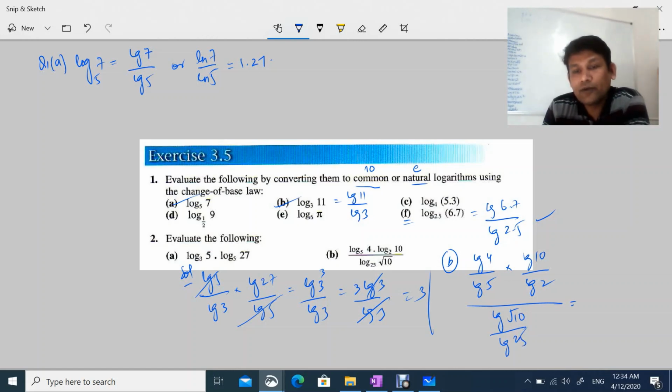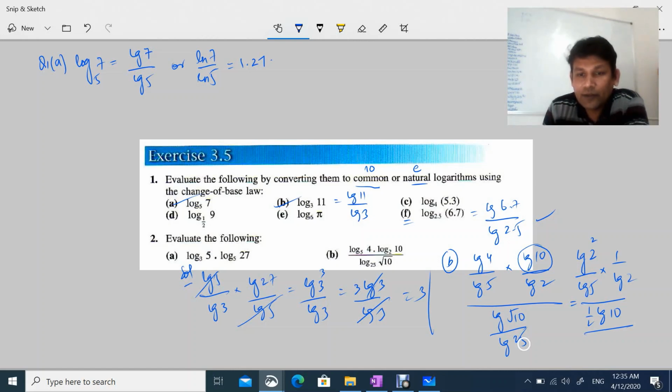Now what you have to do is simplify: lg 10 is equal to 1. Lg 4 you can make 2 square, so I'm writing lg 2 square divided by lg 5, multiplied by lg 10 divided by lg 2. Under root 10 means the power is 1 upon 2, so 1 upon 2 lg 10 divided by lg 5 square, since 25 is 5 square.